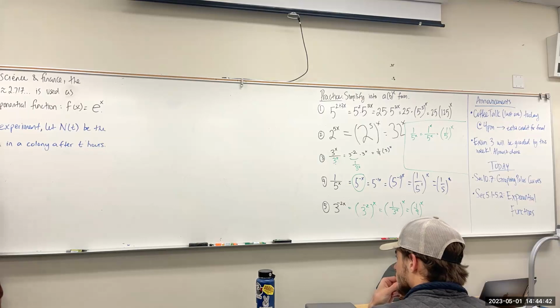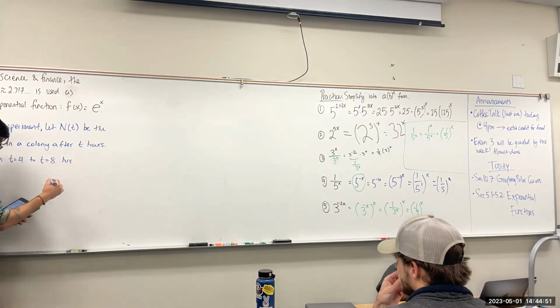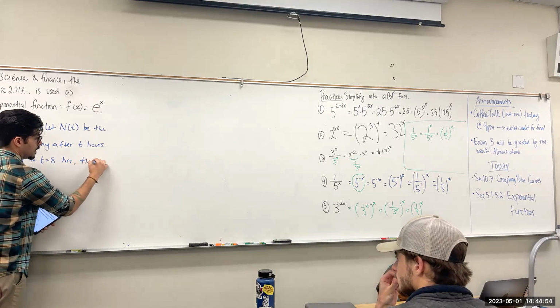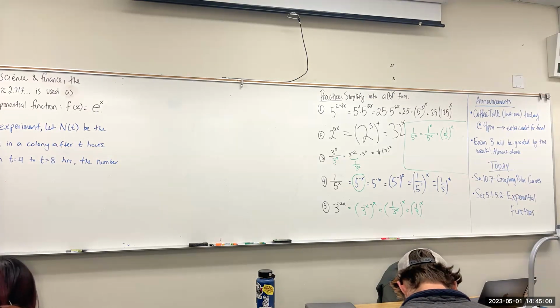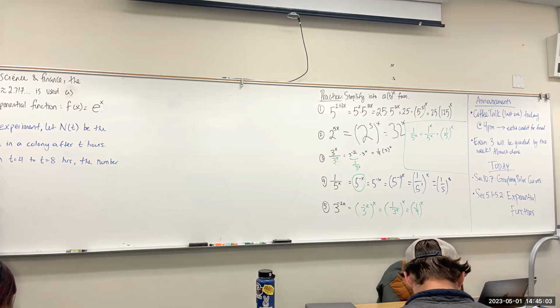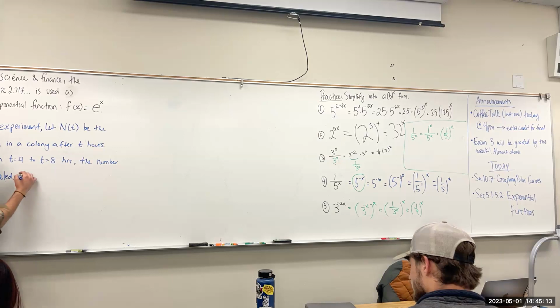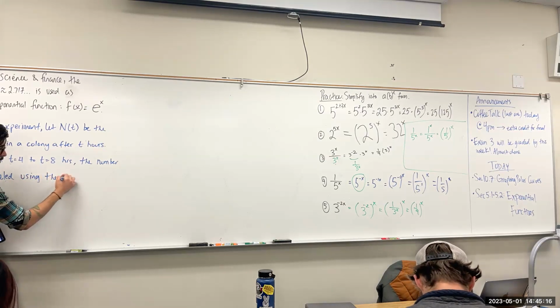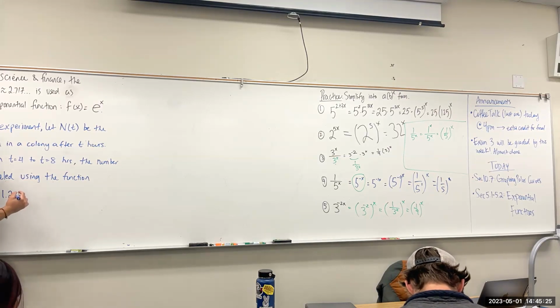Suppose that from t equaling 4 to t equaling 8 hours, the number of bacteria is modeled using the function n of t equals 1.2 e to the t.